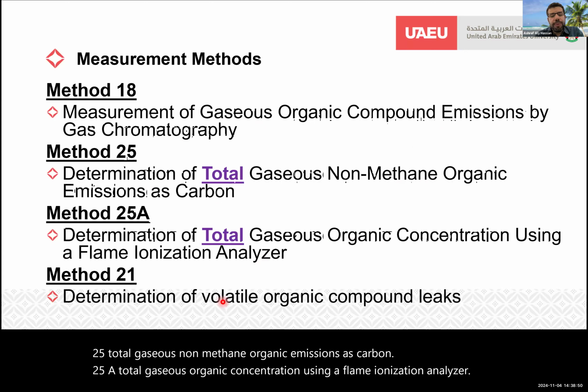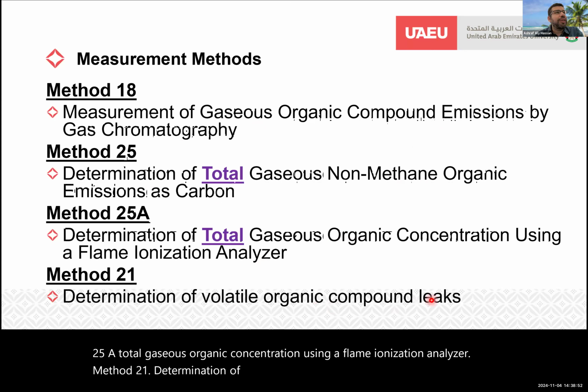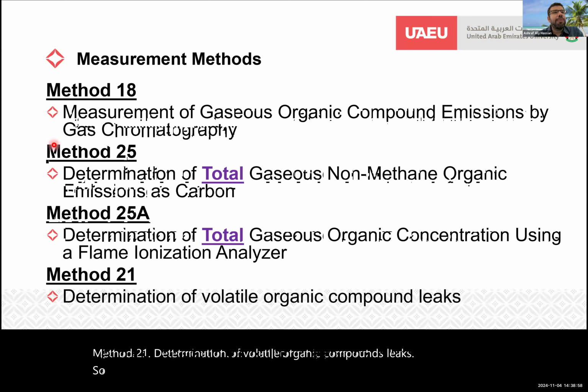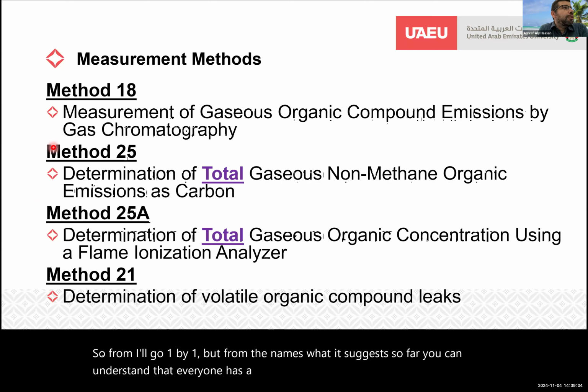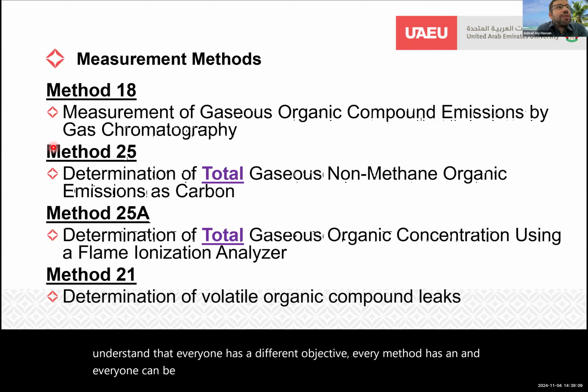Method 21, determination of volatile organic compounds leaks. So I'll go one by one, but from the names, you can understand that every method has a different objective, and every one can be used for a different facility based on really what we are after.